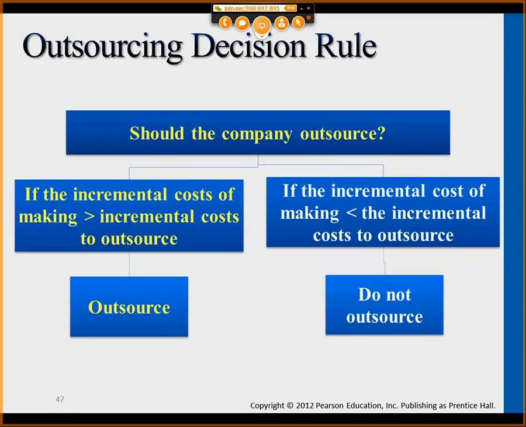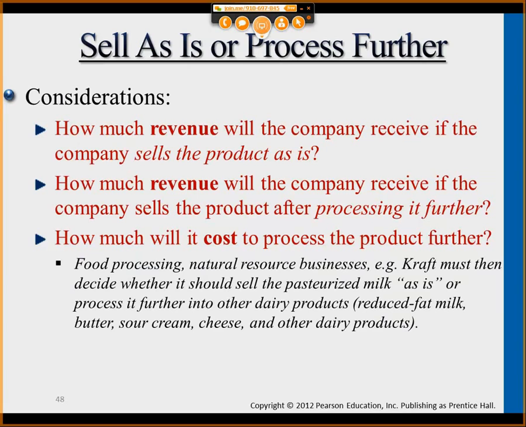So let's go back to our sheets. Another decision that we need to make is whether we're going to sell a product at some point of the process of production, or are we going to process it further?